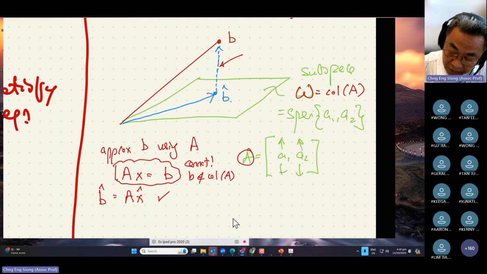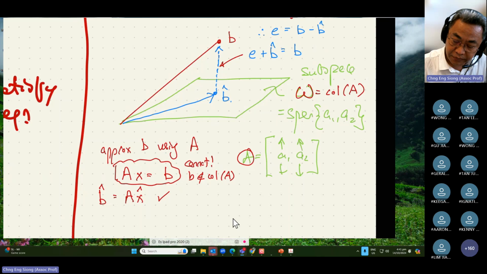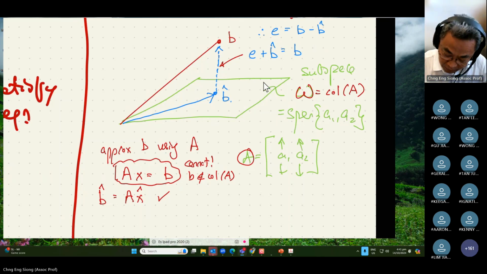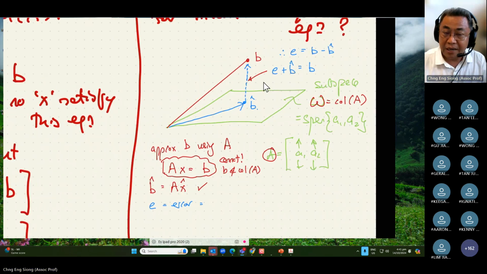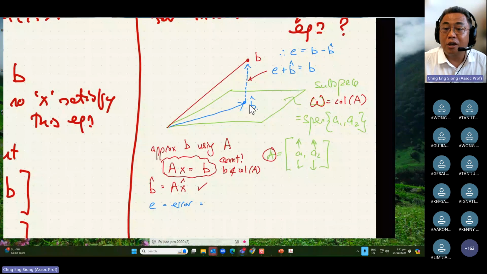So it is E, error, plus B hat equals B. Therefore, error is equal to B minus B hat. What's so special about the error vector? What's the cool idea about the error vector? How is the error vector related to the columns of A?